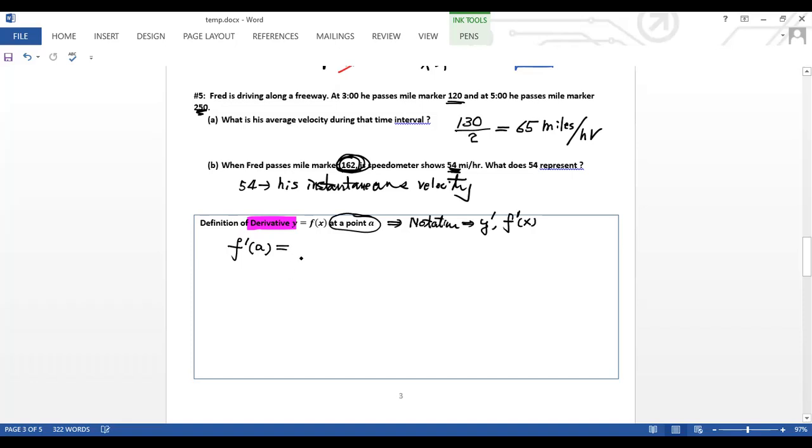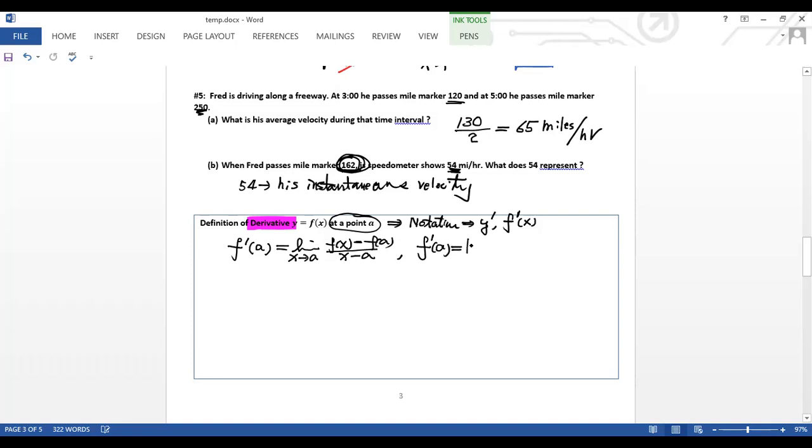So how do we define f prime of a? It is the limit as x approaches a of f of x minus f of a over x minus a. Remember, from part 1, you can do the same thing a different way.